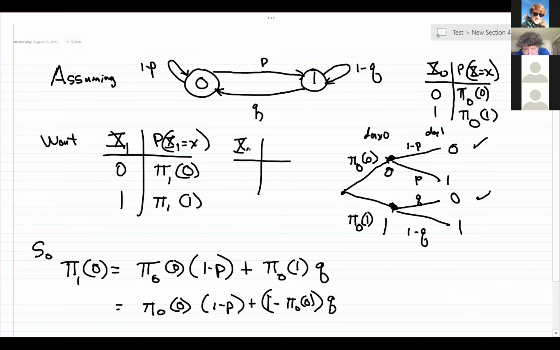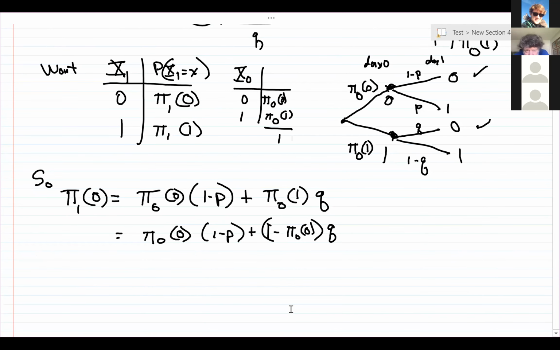On the initial day, there are 2 possibilities and there are 2 probabilities. And they add up to 1. So this one is really 1 minus that one. And that's all I did here. And from here, you can start cleaning up the algebra a little bit.